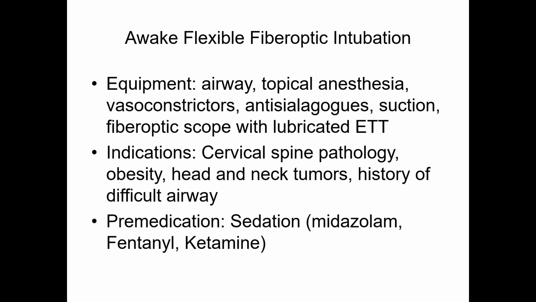The equipment needed is an airway, topical anesthesia, local vasoconstrictors, which are usually mixed with topical anesthesia, antisialagogues, that means drugs that decrease secretions like atropine, hyoscine butylbromide, suction apparatus, and the fiber optic scope with a proper size endotracheal tube.